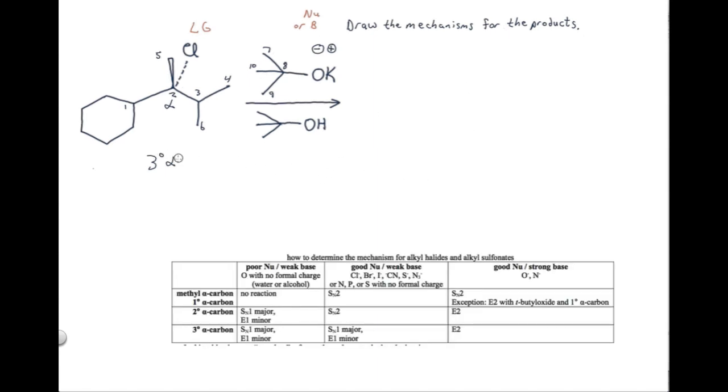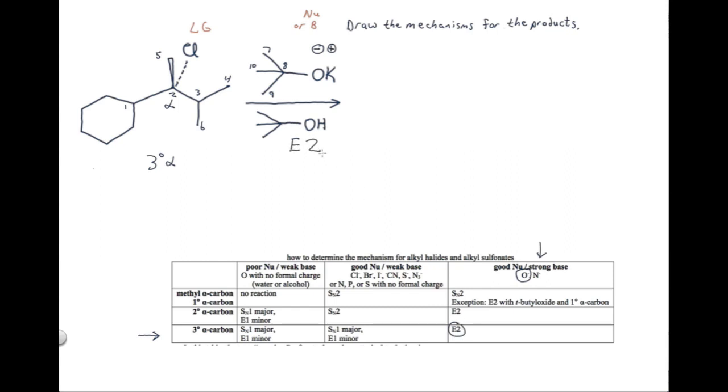A tertiary alpha carbon puts us in the bottom row of the table. And O- puts us in the right-hand column of the table. Right-hand column and bottom row means that we have an E2 mechanism. Make sure that you write that down.